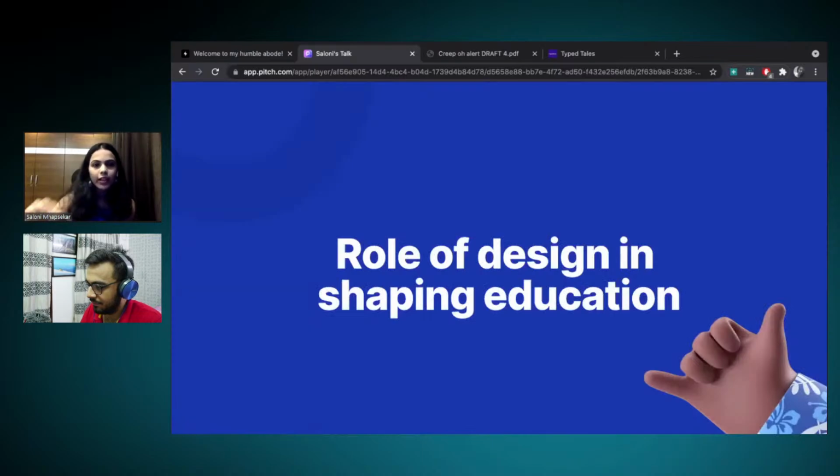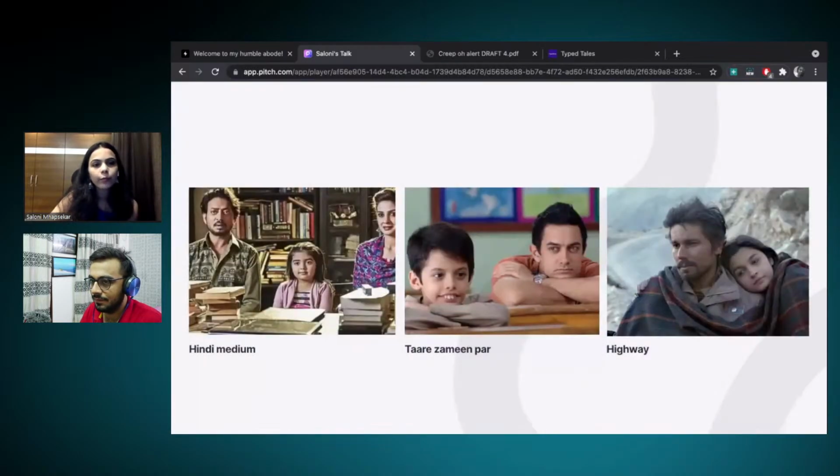And lastly, I wanted to touch upon the role of design in shaping education. Be it any kid who had low self-esteem because she wasn't able to speak English, or the kid who had learning differences and struggled with understanding basic concepts, or the girl who couldn't find anyone to teach her about good touch or bad touch.